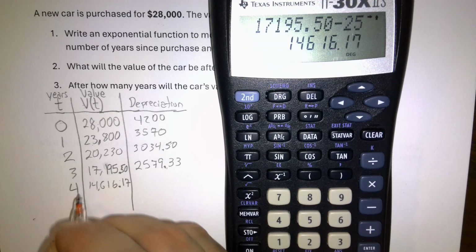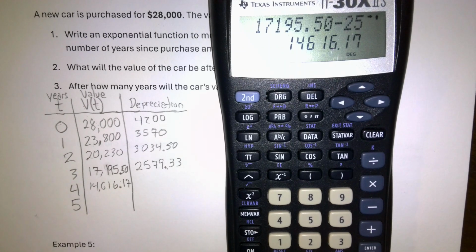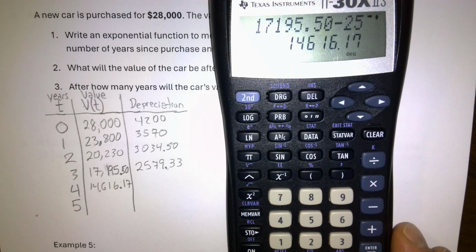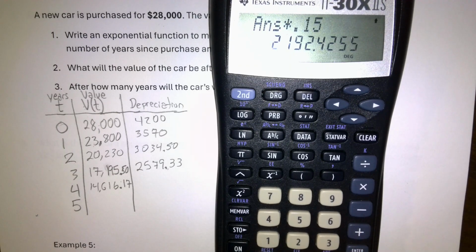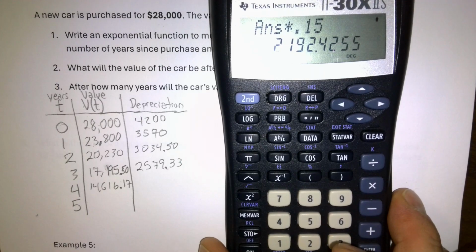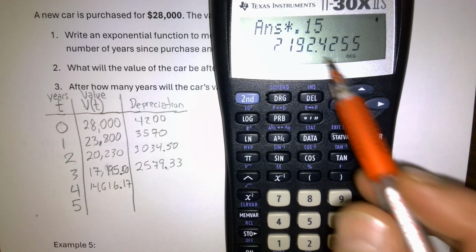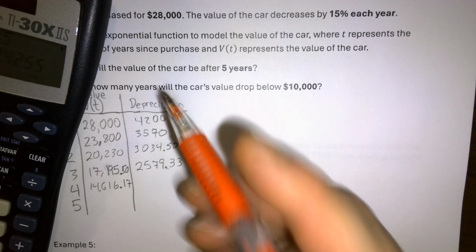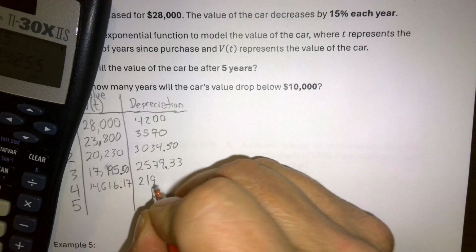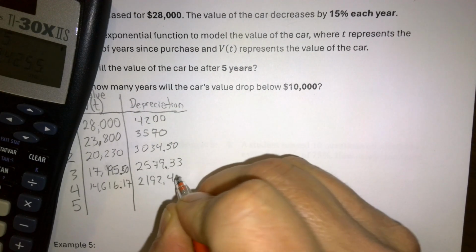That was in the 4th year. All right, well, we want the 5th year, so we have to do at least one more year. And so we'll take this, multiply it by 0.15, and that gives us 2,192.43, right, with the rounding cents. I'm going to move this over here. 2,192.43.